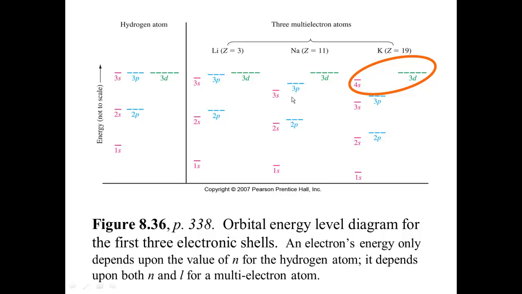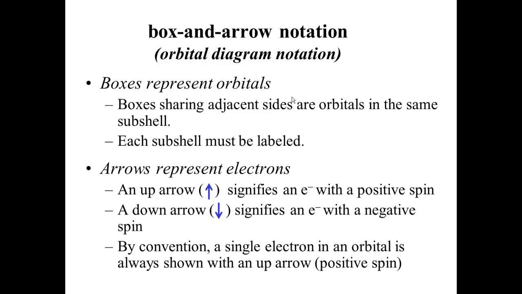Here's where the 4s slips in with a little bit lower energy. And again, this is reflected on your arrow diagram, than the 3D. So this is to say those 19 electrons around a potassium atom are going to occupy this subshell and then that subshell. Okay. So don't sweat it too much, but that's what it does.